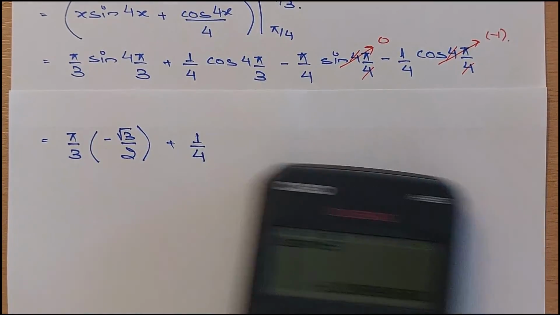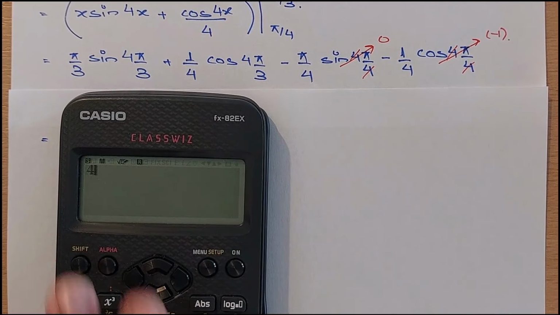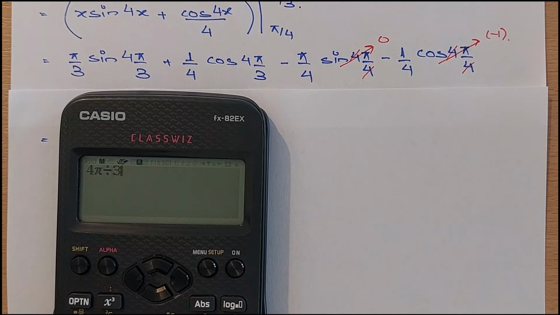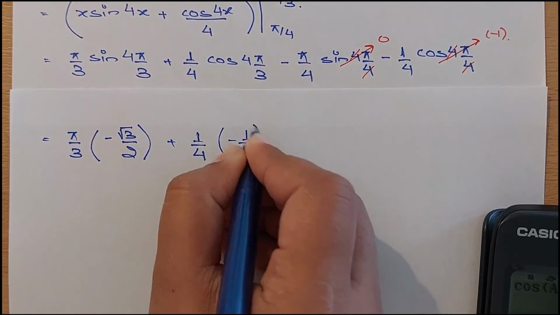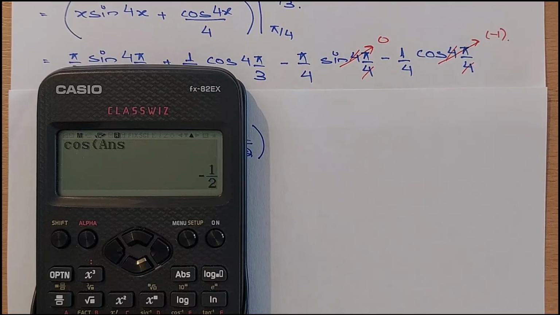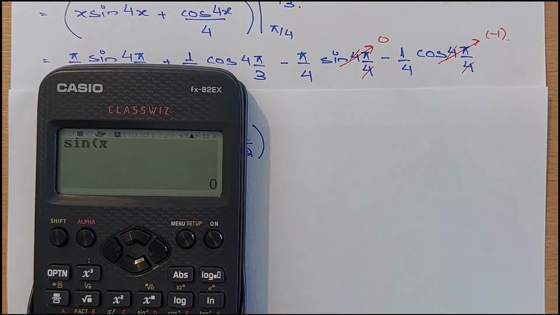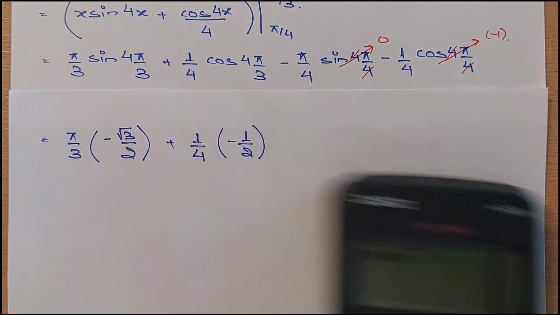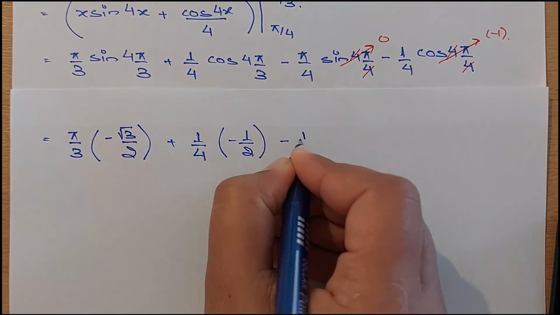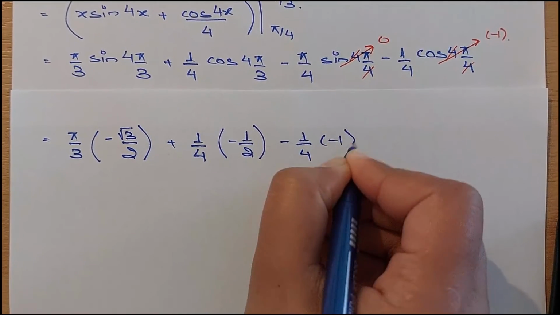What is cos 4 pi by 3? Cos of 4 pi by 3 is minus 1 by 2. Let me double check sine pi. Sine of pi is 0 and cos pi is minus 1.